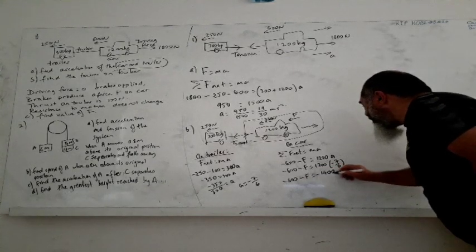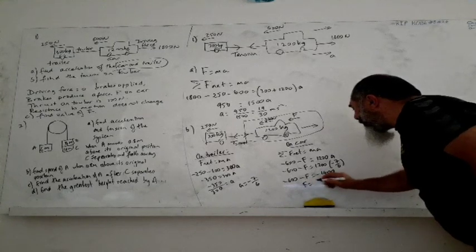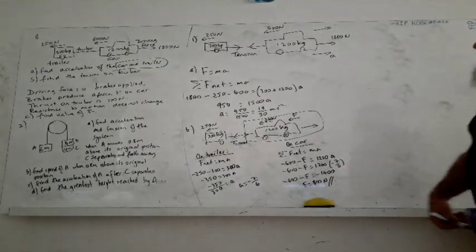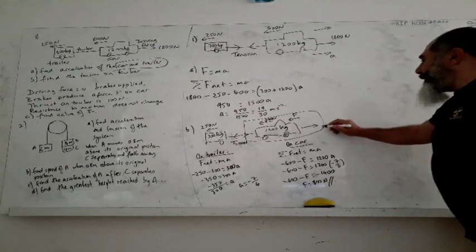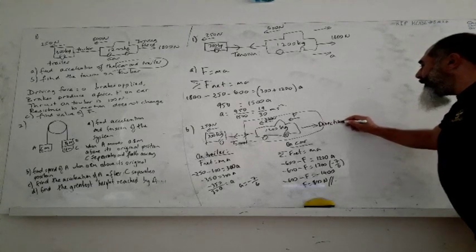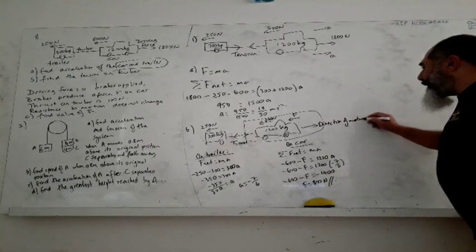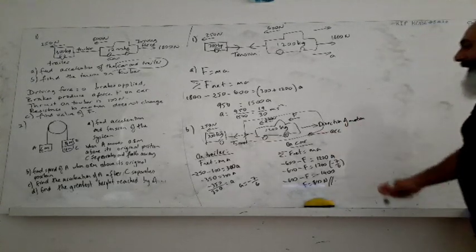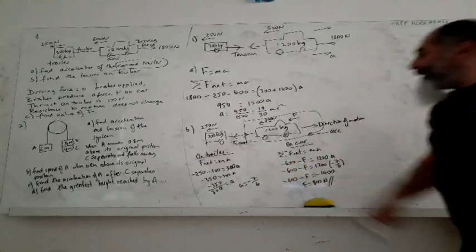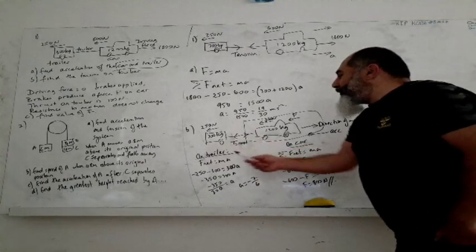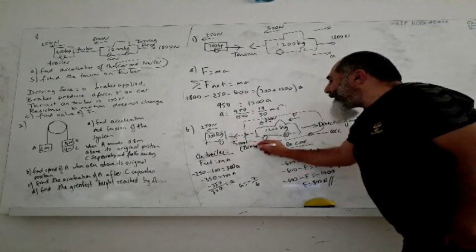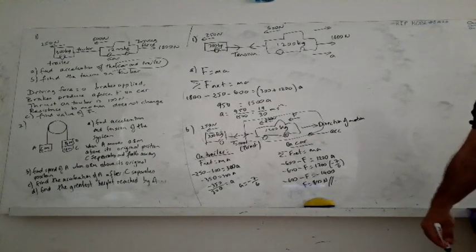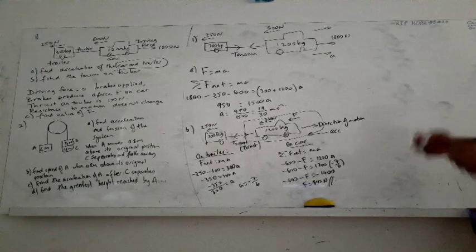So F is equal to 800 newtons. This is the direction of motion, but as you see, acceleration is in the opposite direction. It has a negative value. So instead of tension, we have thrust on the car and on the trailer. If you don't have any questions, I am going to send you the solutions.